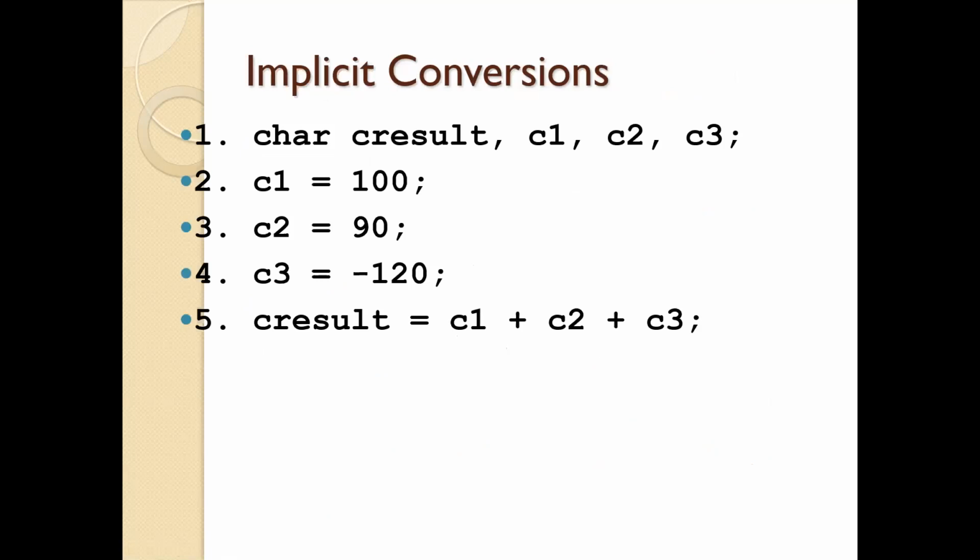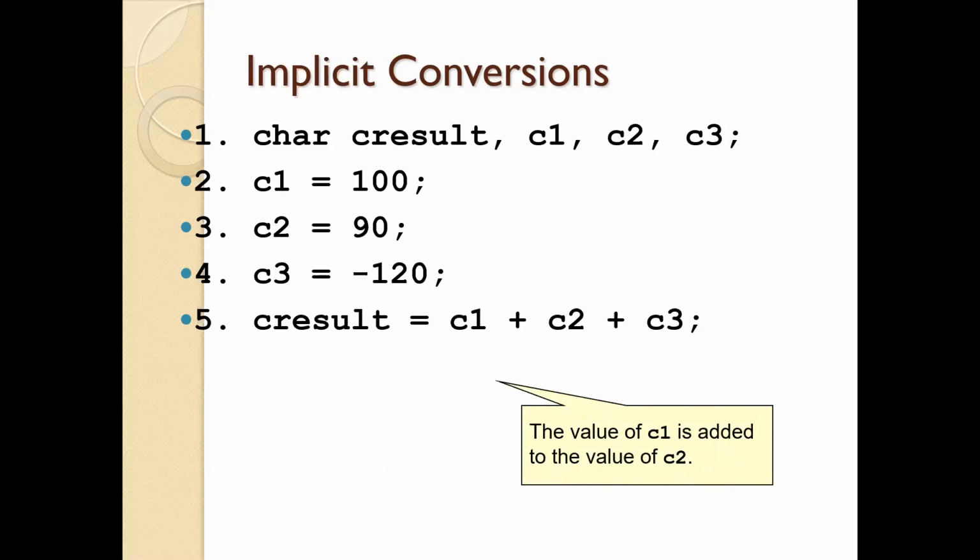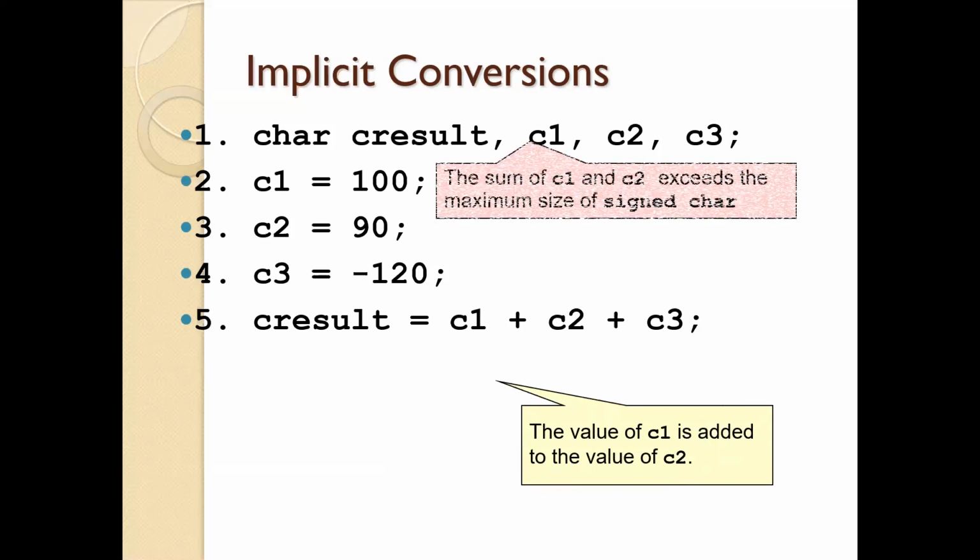So here we have an example of this. We have three values, C1, C2, and C3, of char type, let's say. We can see here the value of C1 is added to the value of C2. So that's 190.